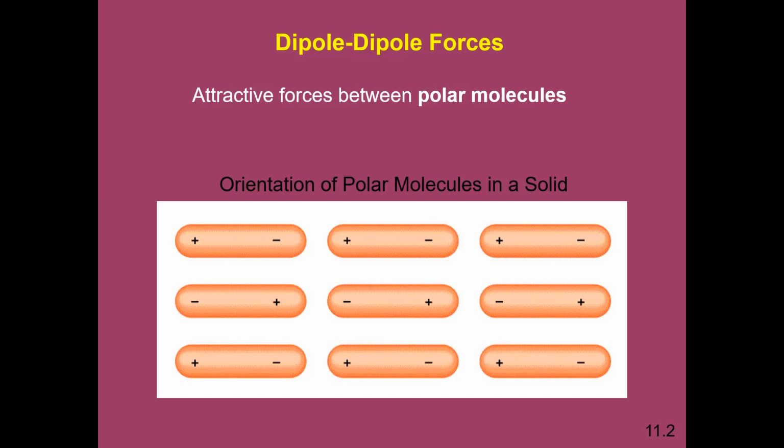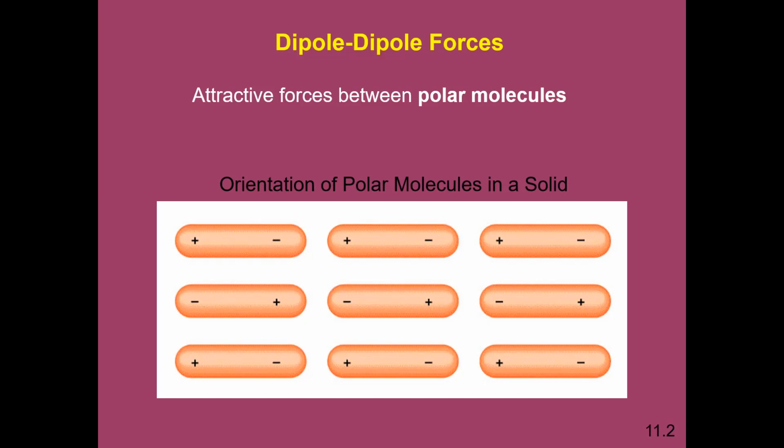Therefore, when you have things dissolving, remember, I don't know if you remember, but we said that like dissolves like. So basically, one of the things that you need to look at is the polarity of both molecules, the water, the solvent, and the solute. And if they're both polar, then yes, it'll dissolve.